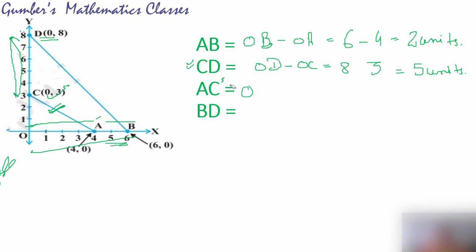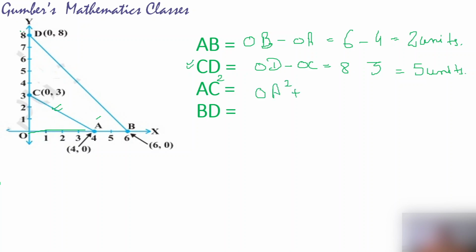There is some disturbance with technical problems, so let's work on that. Now AC we are supposed to find with the help of Pythagoras theorem. AC square is equal to OA square plus OC square in right angled triangle AOC.